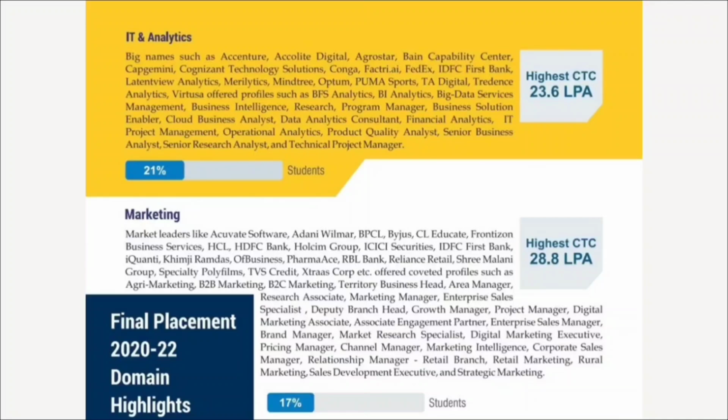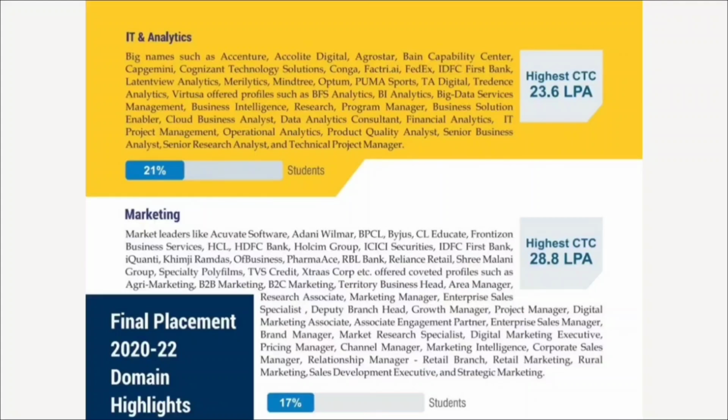The roles offered in IT and analytics are research, program manager, business solution project management, operation analytics, product quality analyst, senior business analyst, senior research analyst, and technical project manager.